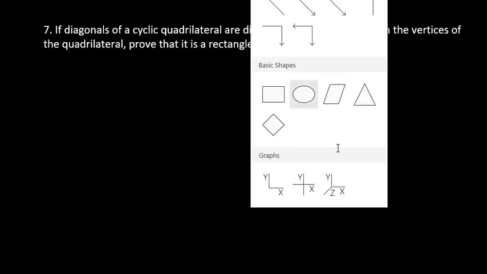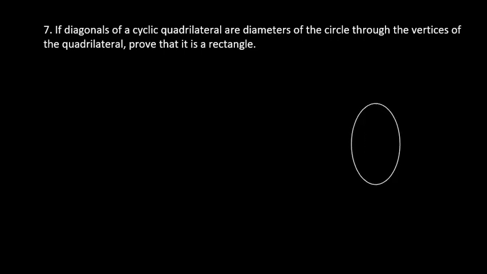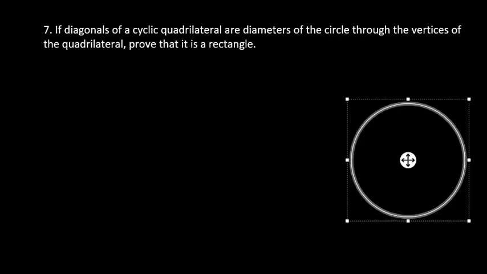Now the seventh problem is: if the diagonals of a cyclic quadrilateral are diameters of the circle through the vertices of the quadrilateral, prove that it is a rectangle.